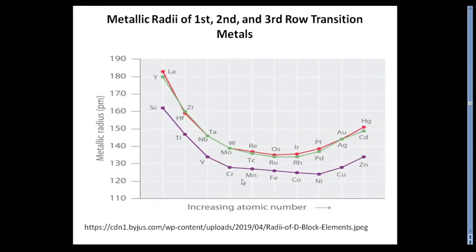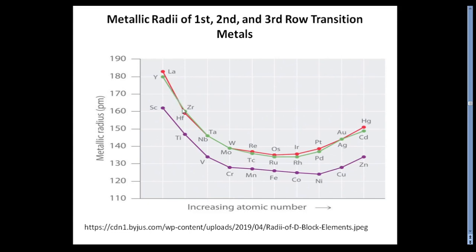We can see the atomic radii do not change with much difference from chromium to copper. This line simply shows the linearity, and that linearity means the changes are not occurring with much difference. In the same way, in the second and third transition series, the trend follows around the same order, but in very close proximity.